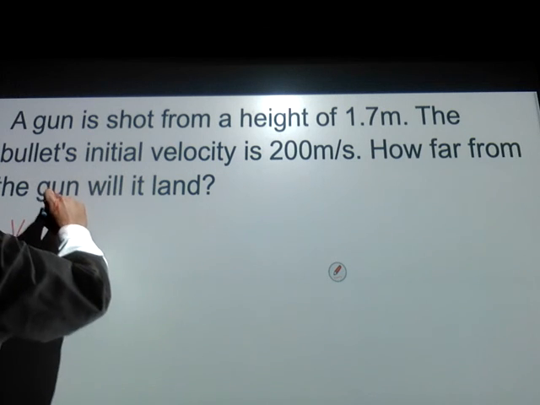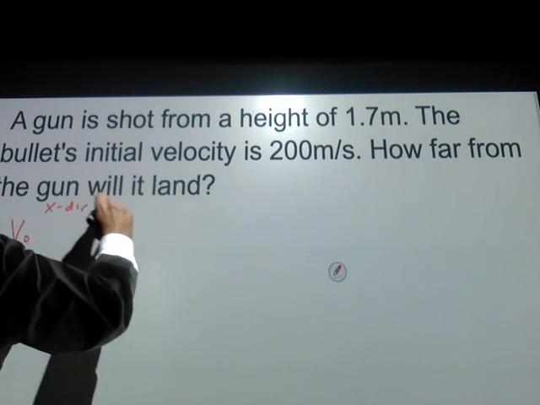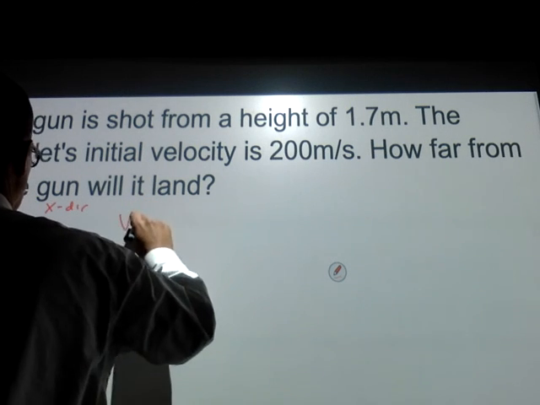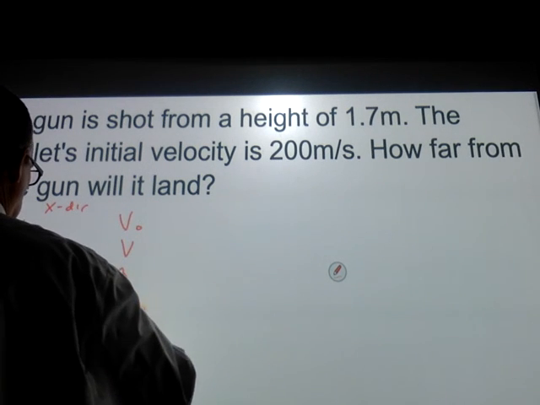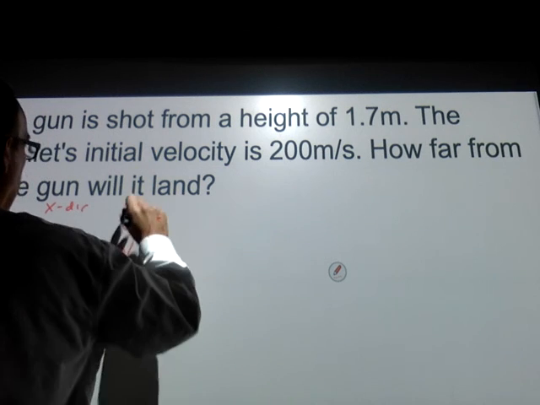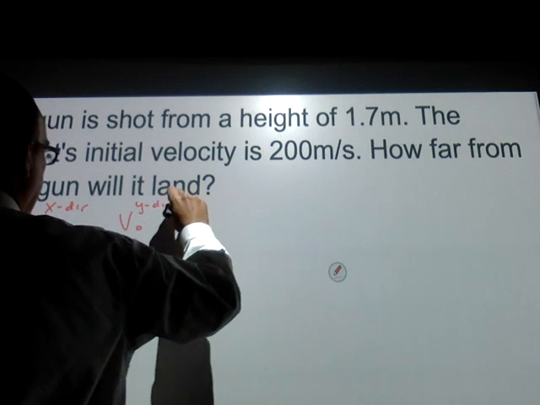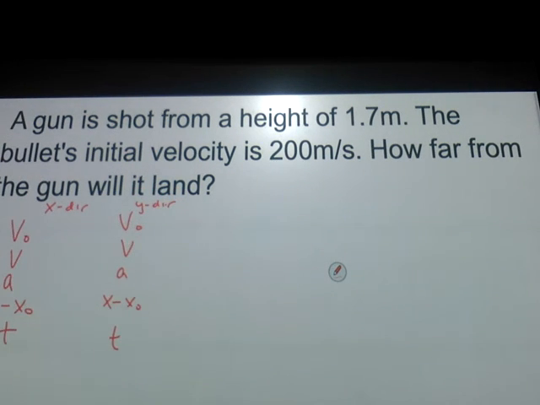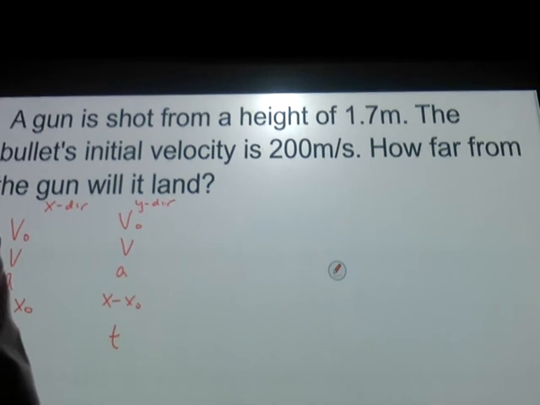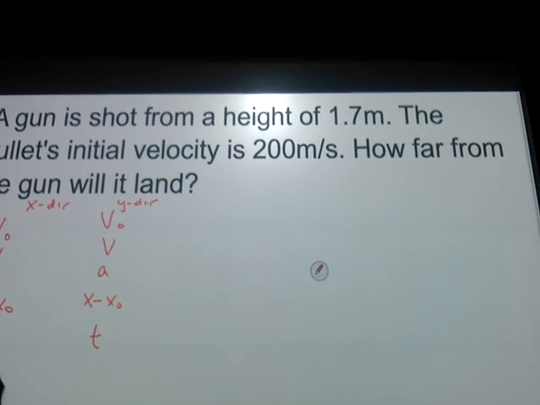So I'm going to have this for the X direction. And this for the Y direction. It looks like I need to move the computer a little bit the other way.